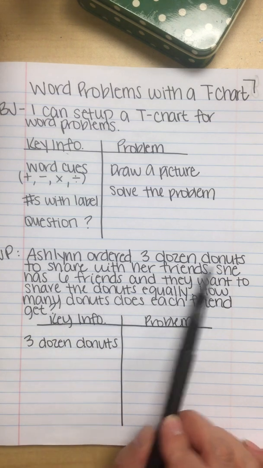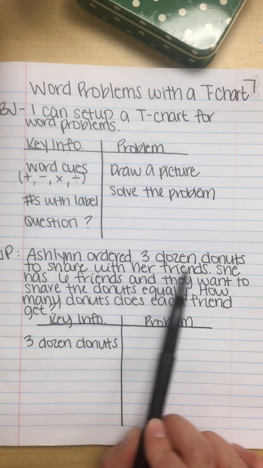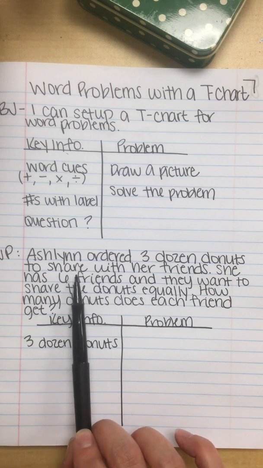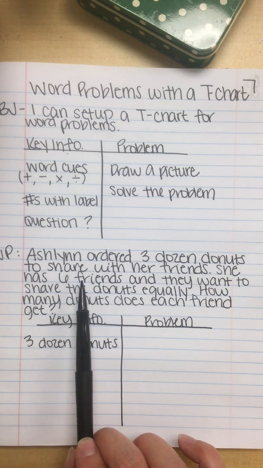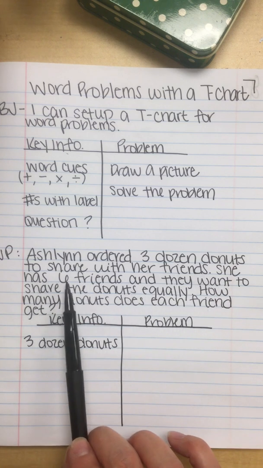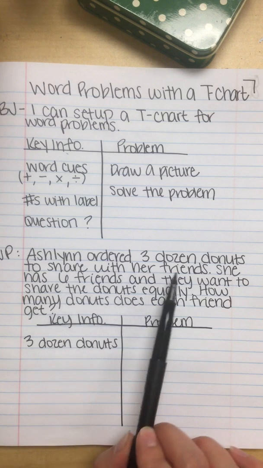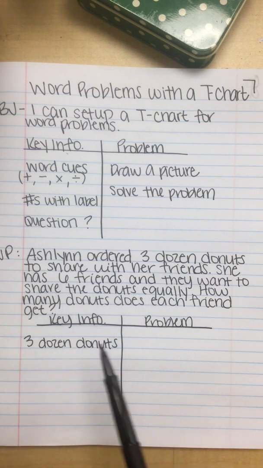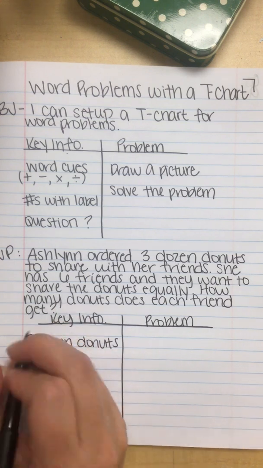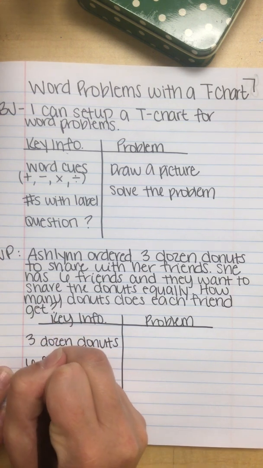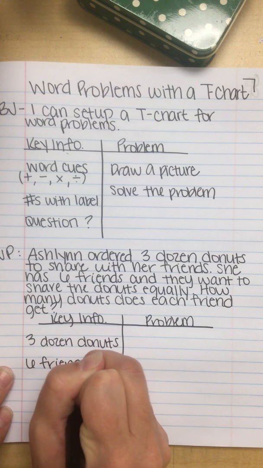Ashlyn ordered 3 dozen donuts to share with her friends. So she is going to be sharing these donuts. Okay. She has 6 friends. Here's another number. And I know she's going to be sharing them with her friends, so friends may be important. She has 6 friends. So we're going to put 6 friends.